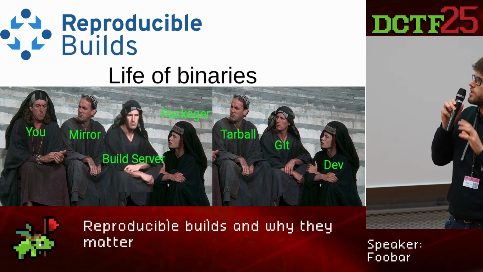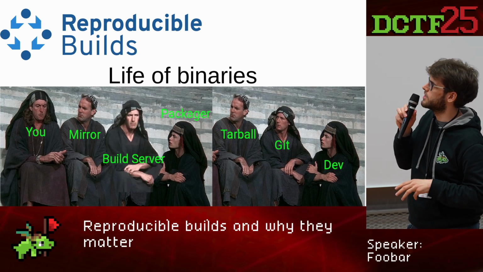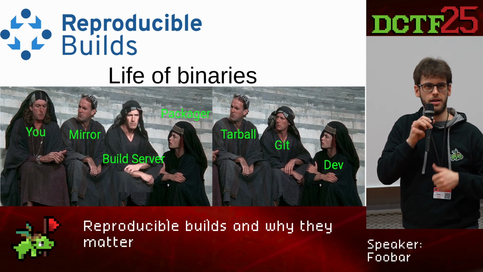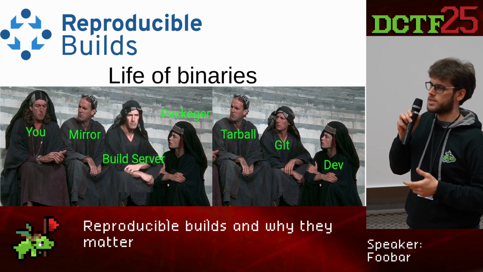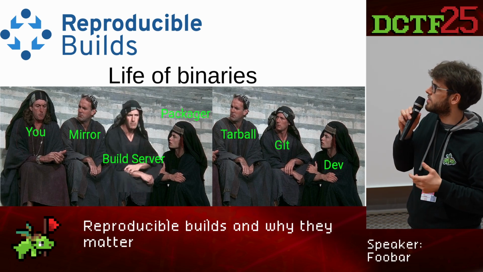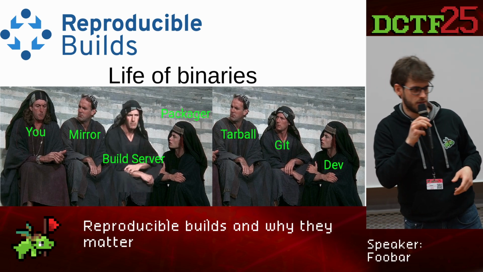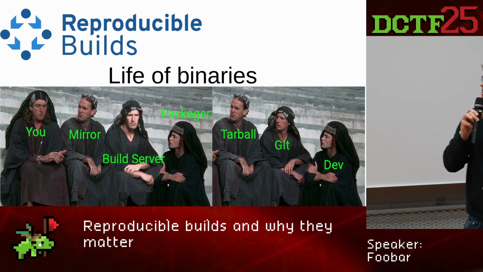Once the packager is happy with the package and it gets accepted, or it's just an update and the update is approved and the tests run and everything's good, the build server will then start building this package. After it's built, it will distribute it to the seed mirrors, which will then distribute it to the mirrors that people host either as volunteers or as companies. The mirror is where you will download your package from.